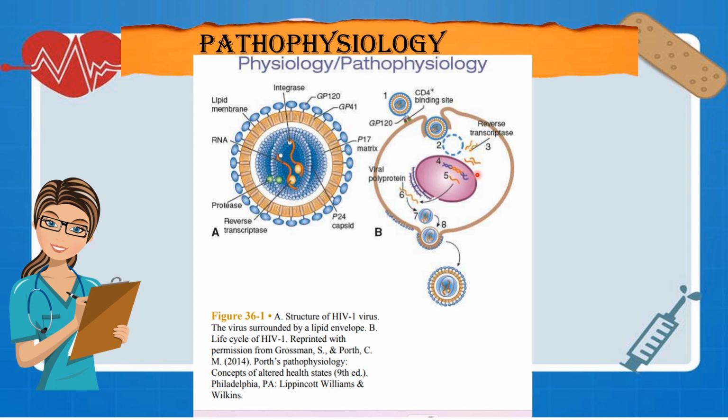So most people have about 700 to 1,000 CD4 plus cells per cubic millimeter, but a level as low as 500 cells per cubic millimeter can still be considered within normal limits.